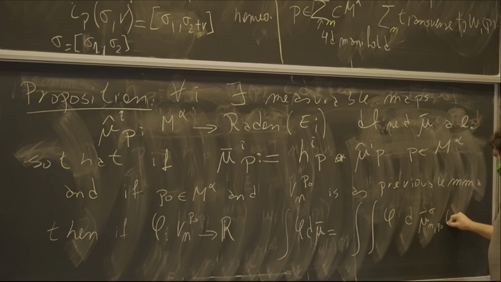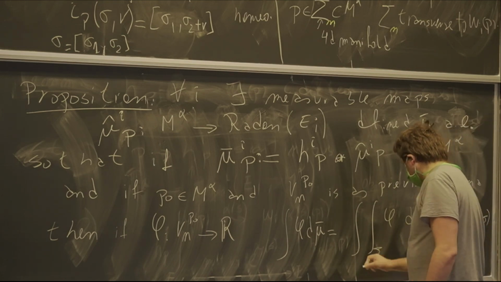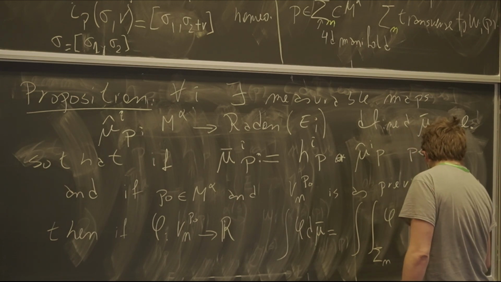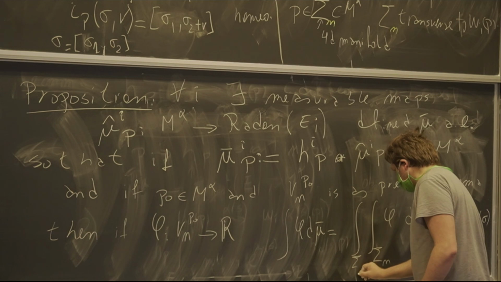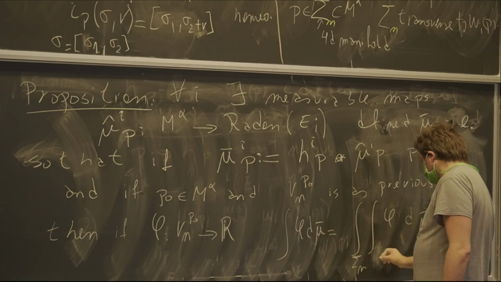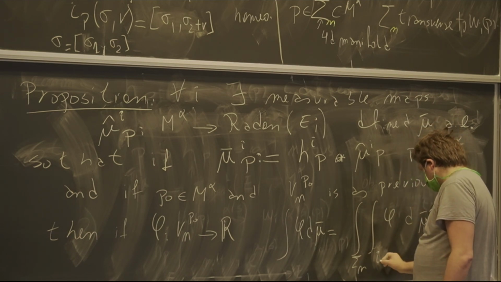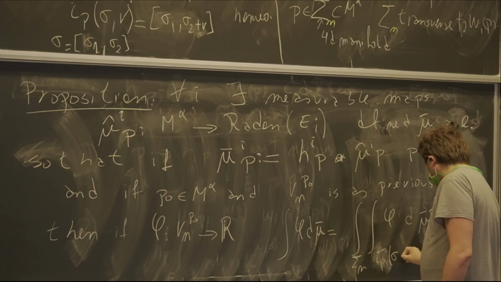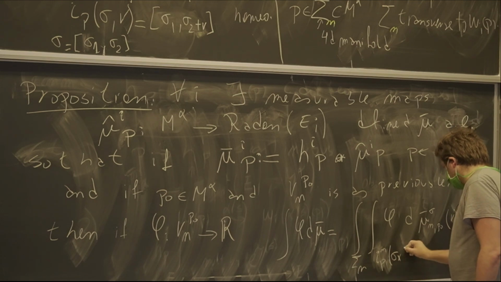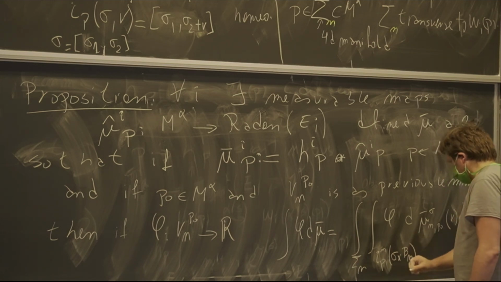sigma of B d mu bar, sigma, actually sigma n as you said, this is over sigma n, this is over iota p n of sigma times p n.